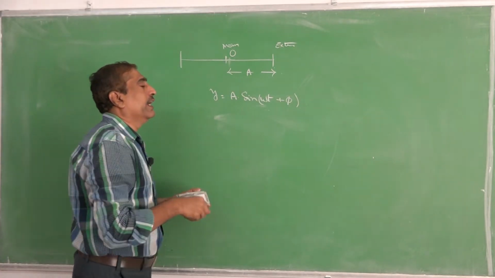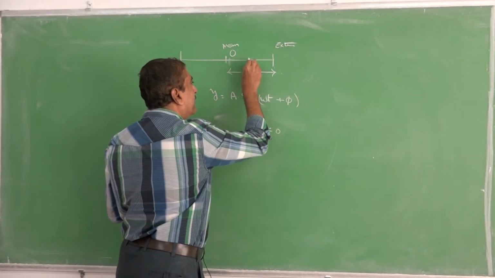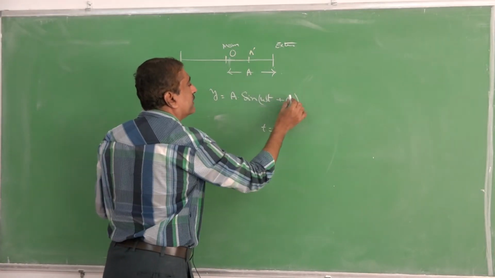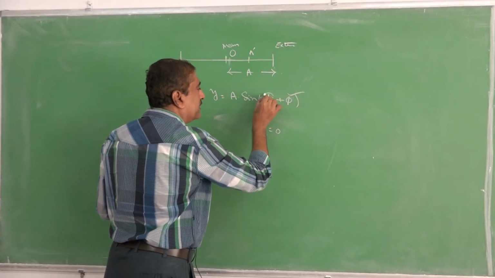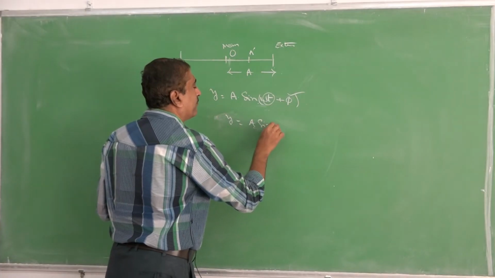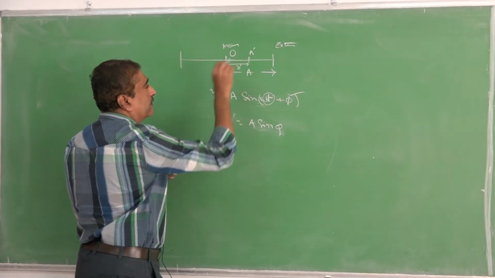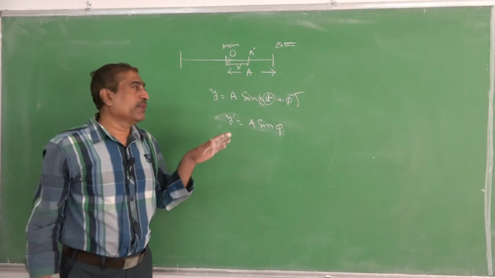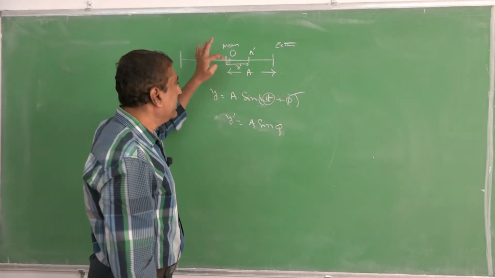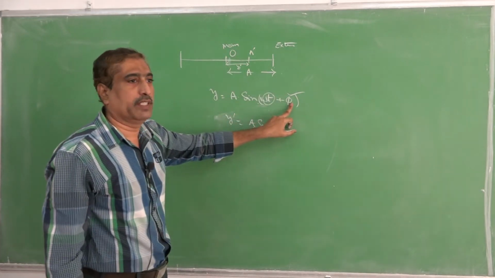If at t equal to 0 the particle is at this position, A dash position, then this particular phase difference will exist. At that particular time, t is 0, then the displacement of the particle is A sin phi. That means this distance is y dash. So, you have to remember it that way. Okay, when the particle starts from its mean position, there is no phase difference. When it starts at any position in between the extreme position and mean position, there exists an initial phase phi.